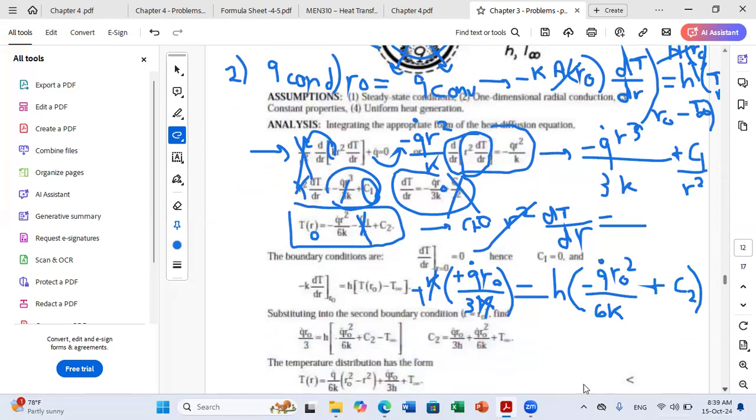So C2 is simply, of course, don't forget to put T R0 minus T infinity.